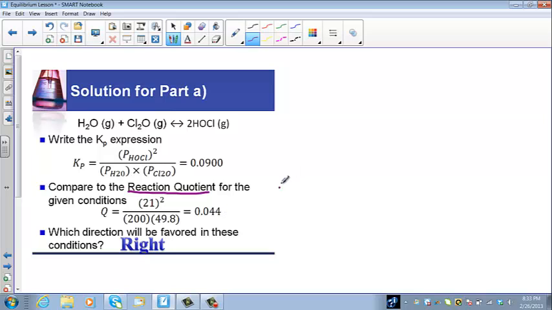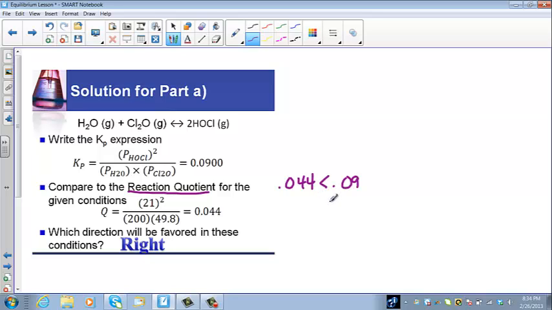So you're comparing 0.044 and 0.09. Well, you can see that this is less.